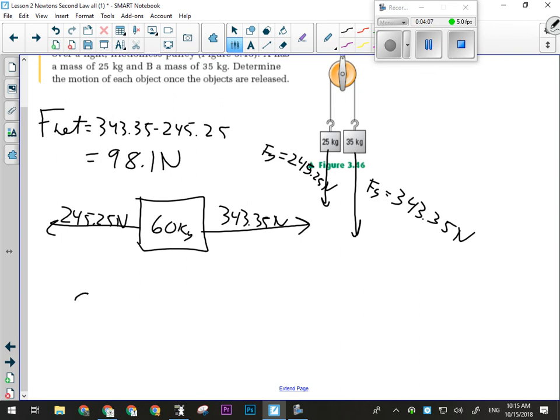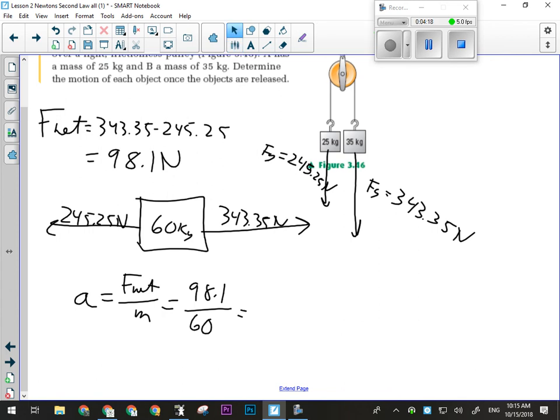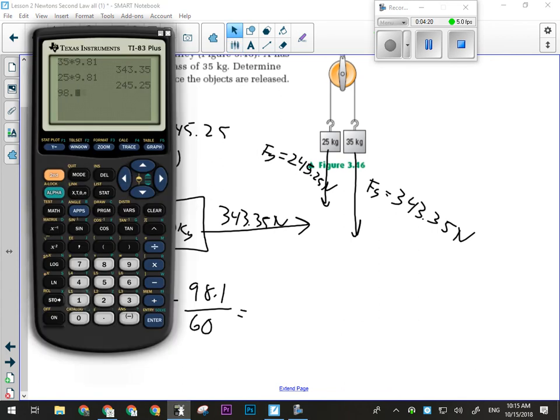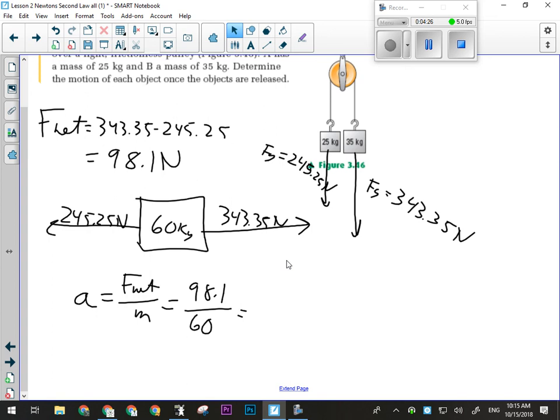Then I go acceleration equals F net divided by mass, and I just go 98.1 divided by 60. So we're looking at 1.6. We only have two significant digits, so 1.6 meters per second squared. That's the acceleration of the system.